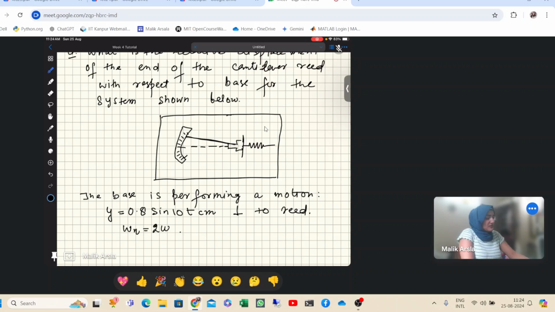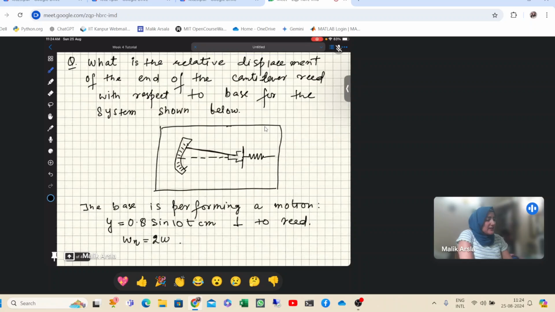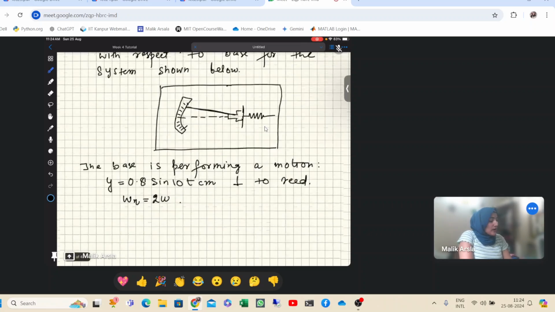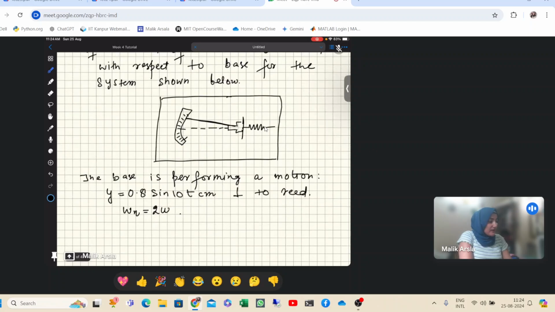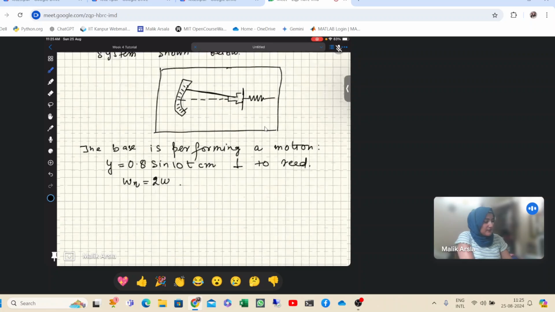Now from here, again we know that we can calculate z upon y for the system. Okay, the formula, we have the formula z upon y is equal to r square upon under root of 1 minus r square whole square plus 2 zeta r whole square. Now what we need to find, zeta is not there because there is no damping. Okay, so it will be r square upon 1 minus r square, and r we can find from here.